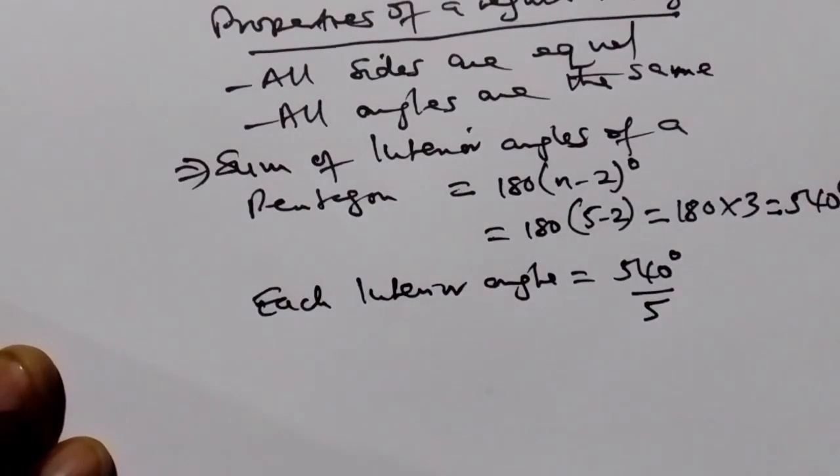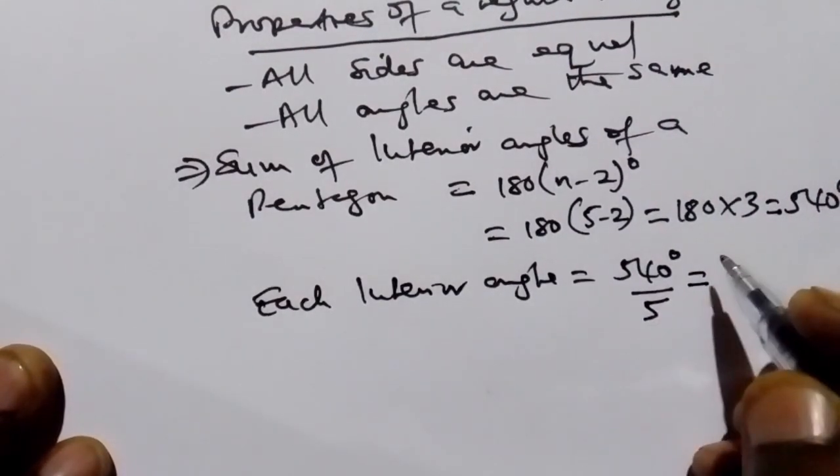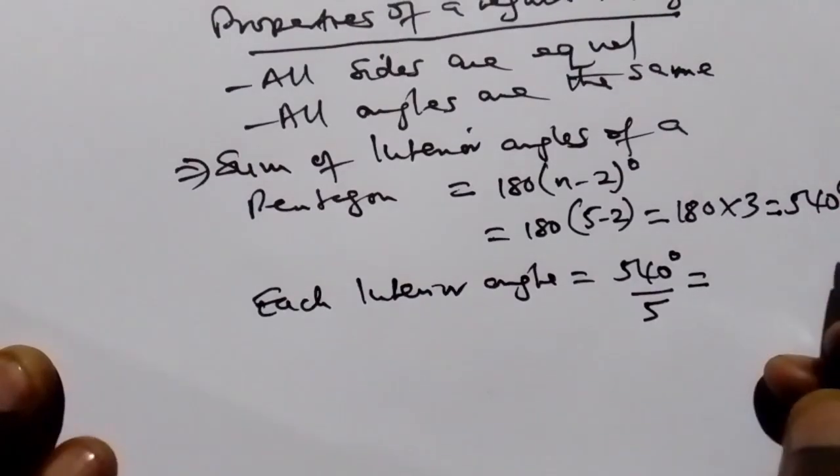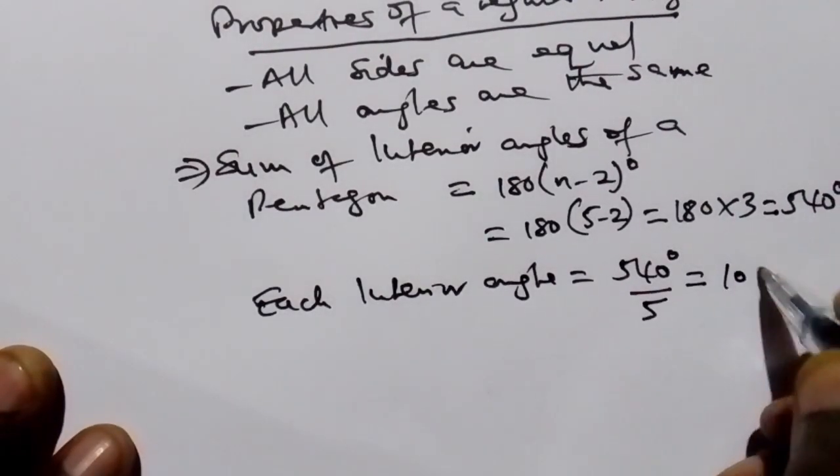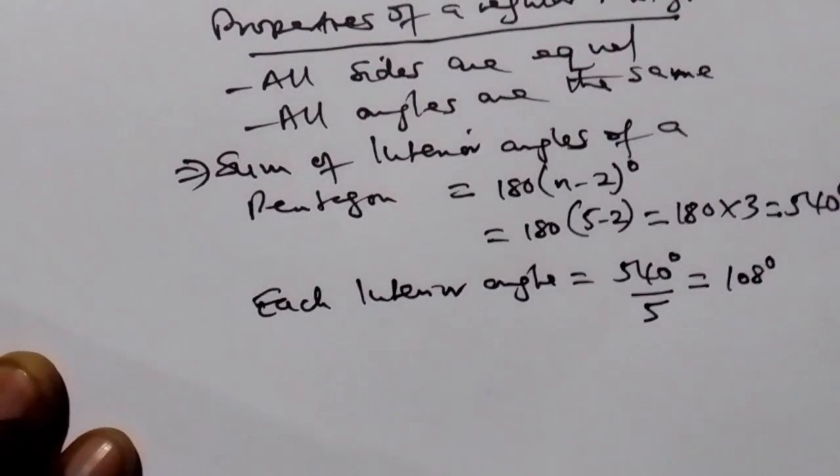We divide by 5, and here we are going to have each interior angle to be 108 degrees.